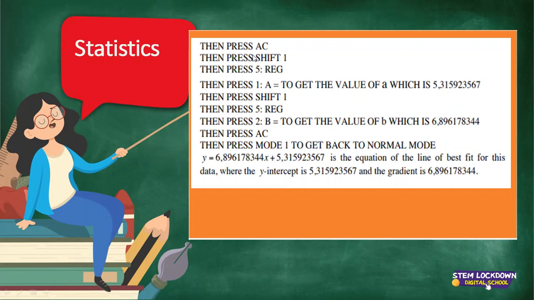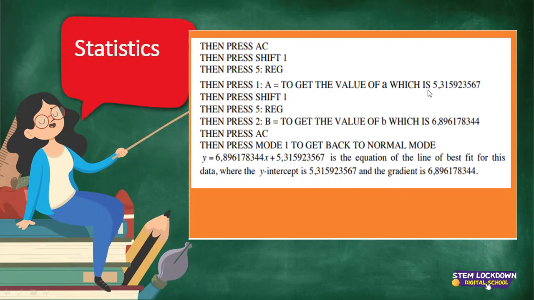Then, press Shift 1 again. You press Shift and then press 1. And then you press 5, and you're going to see what is written: regression. Then you press 1 to get the value.